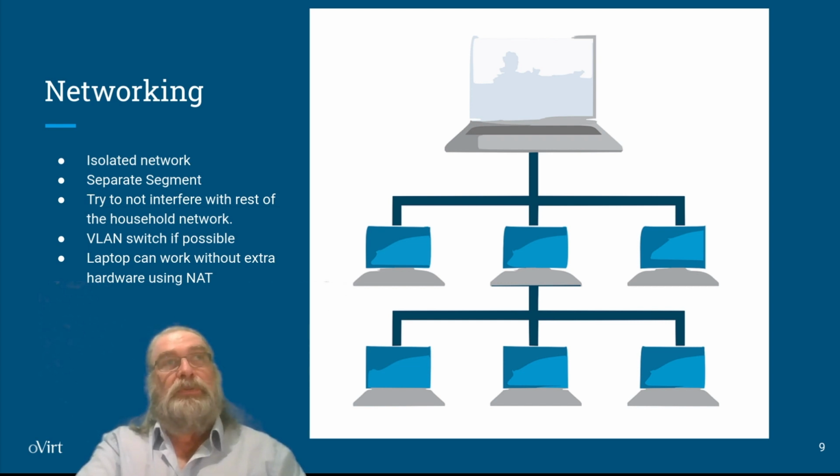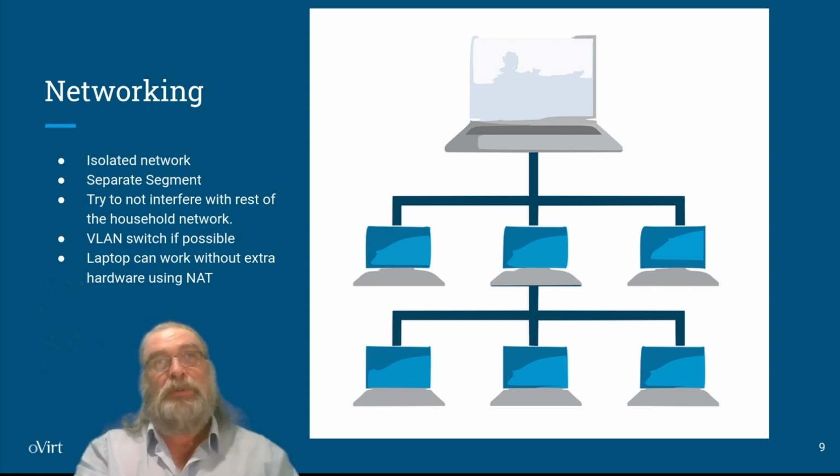So some of the issues to look out for when we're using networking is to try and isolate it from the rest of the network at home, preferably with a separate segment, so we don't interfere with the rest of the household network.